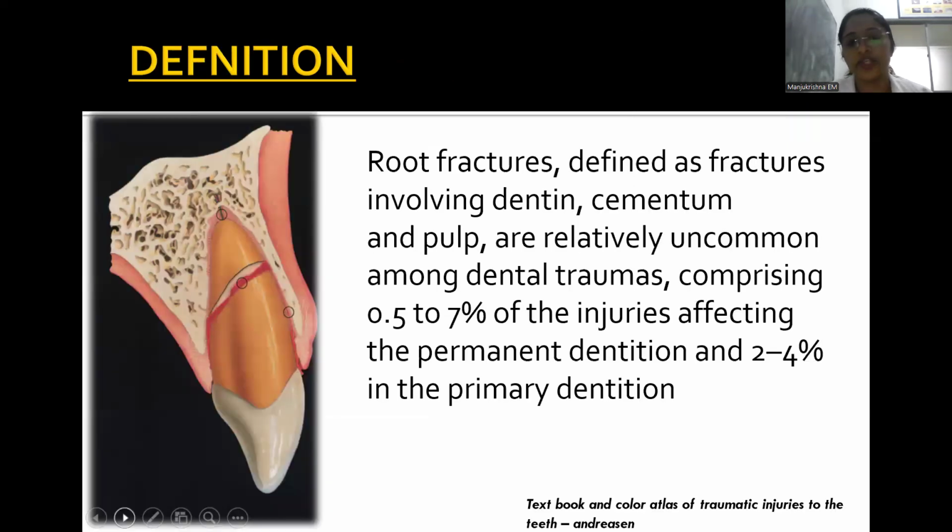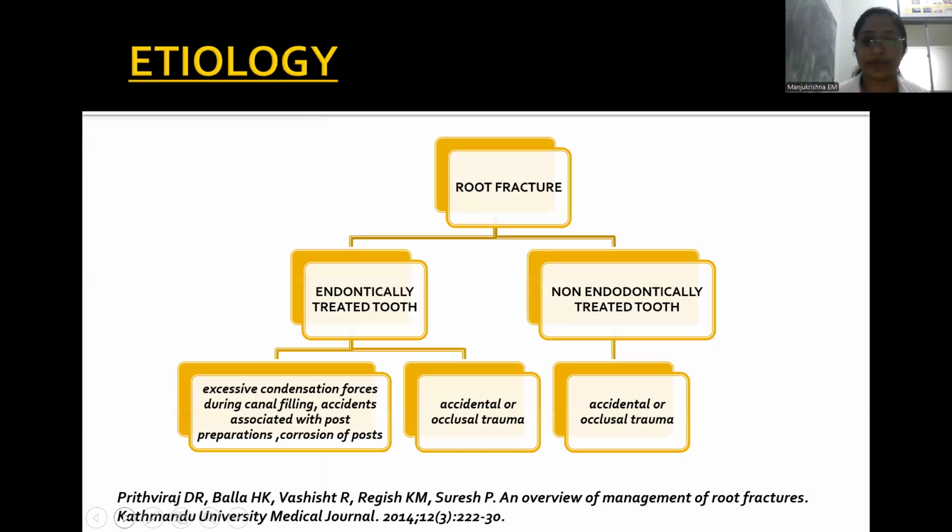Coming to the definition, root fracture is defined as a fracture involving enamel, dentin, cementum, and pulp, and is relatively uncommon among dental traumas. It comprises 0.5 to 7% of all injuries affecting the permanent dentition and 2 to 4% in the primary dentition.